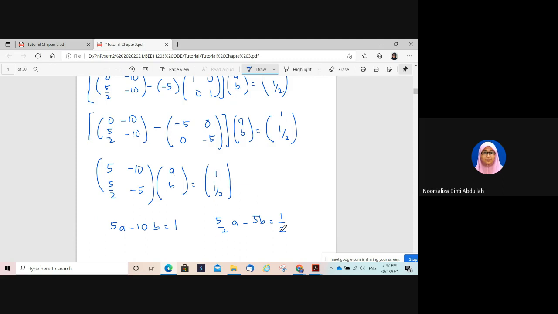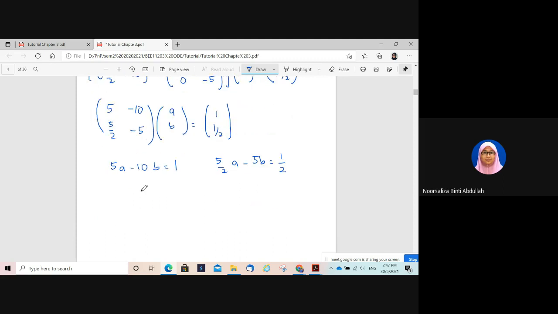So B is equal to A over 2. Let's say A equals to x, then B equals to x over 2. In this case, E2 is equal to AB.